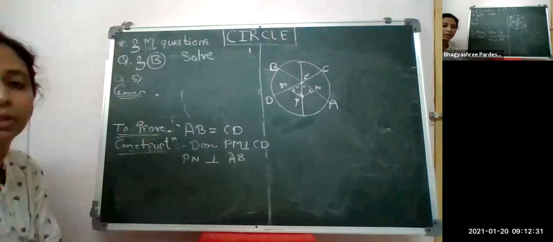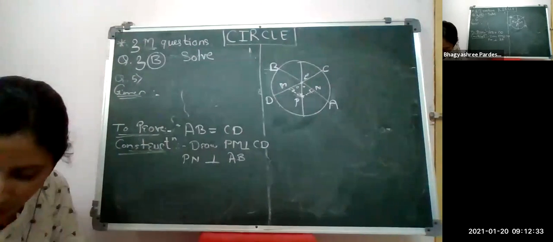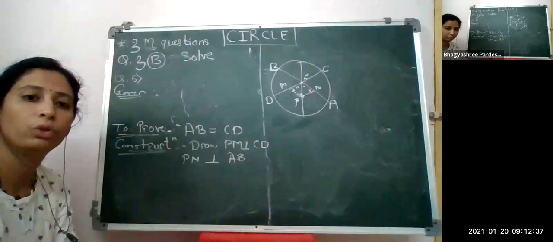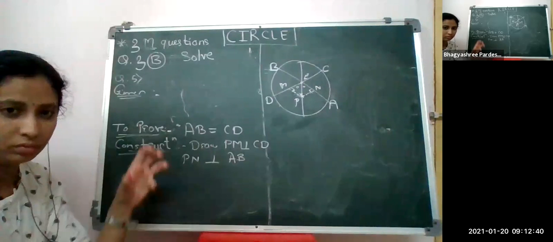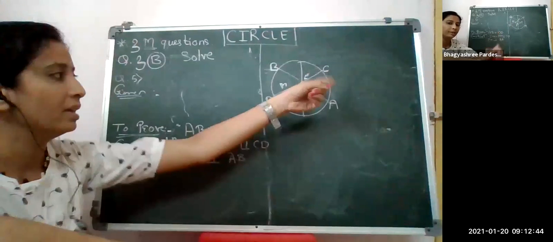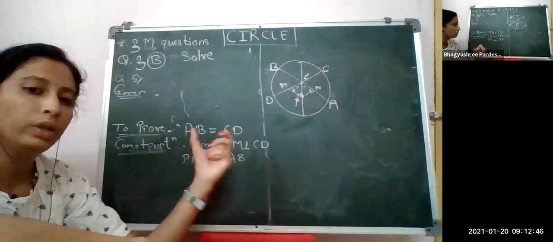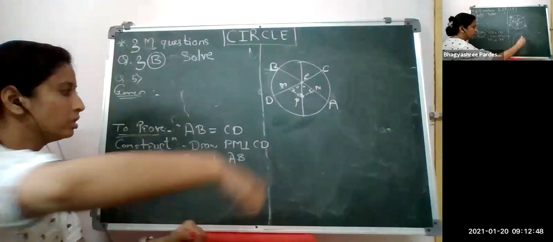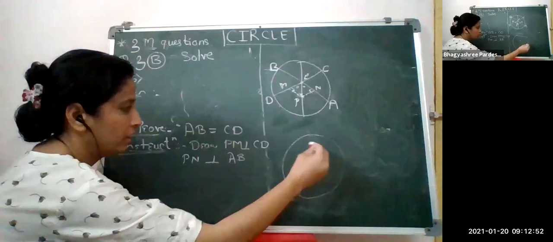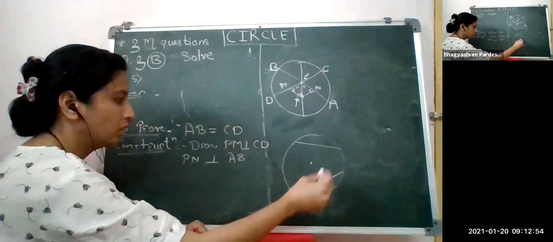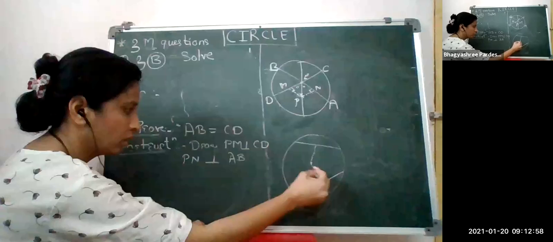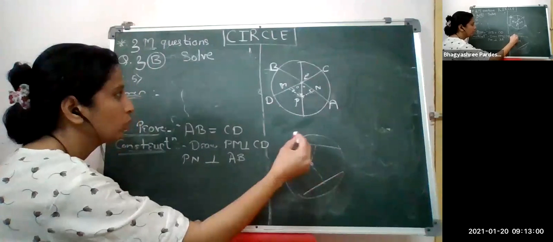Again, after this it is clear. Now what do we have to do next here? Yes, can anyone say what to do? Actually, we have to show that AB and CD are equal. Which concept can we use here? Suppose I draw the figure something like this. This is the center P. This was your chord AB.